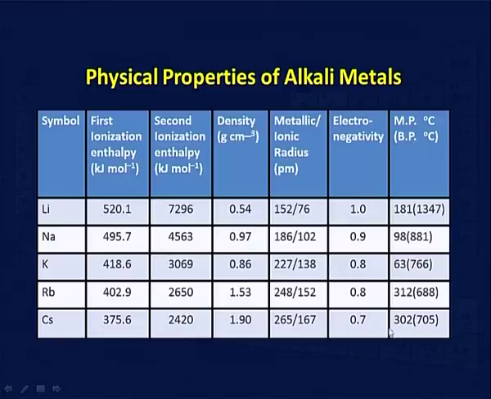But as I told you earlier also, these trends may not always be true, but mostly it will follow this pattern, that is, as we go down the group, the intermetallic bond, that is the metallic bonding, will become weaker and weaker, and therefore the melting and boiling point should decrease as we go from lithium to cesium. Now we are just telling you about characteristic trends which we have already told you and the reason behind it.